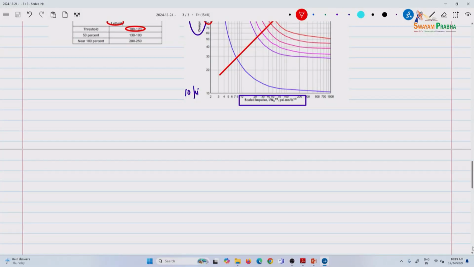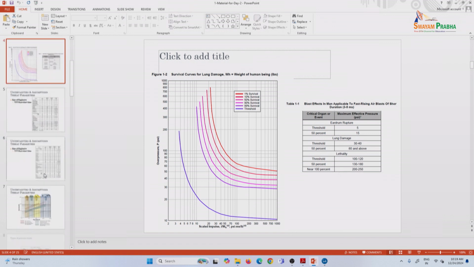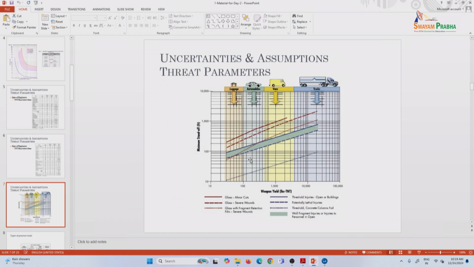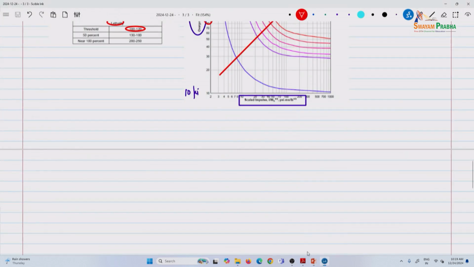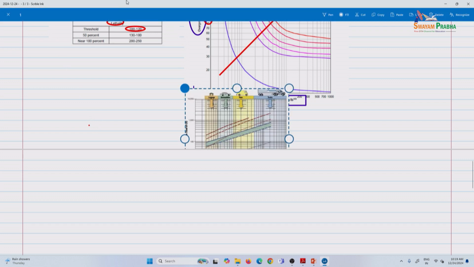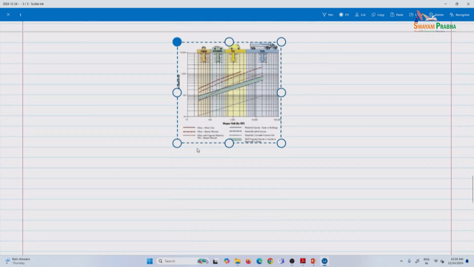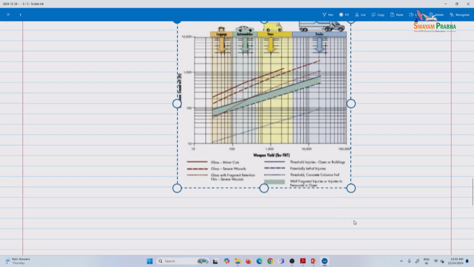Then we look at another, more from a structural perspective. This is a very nice FEMA 350 chart. Let me move it to the next page.